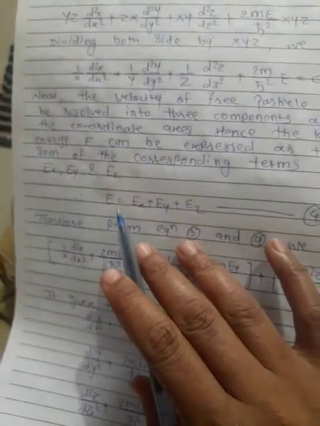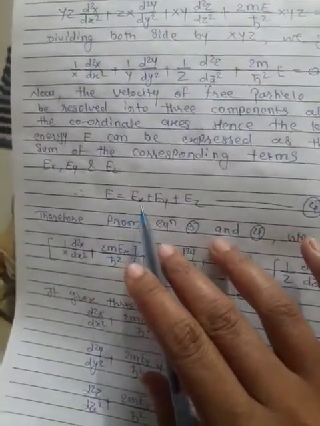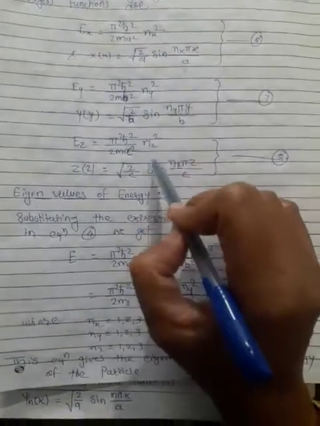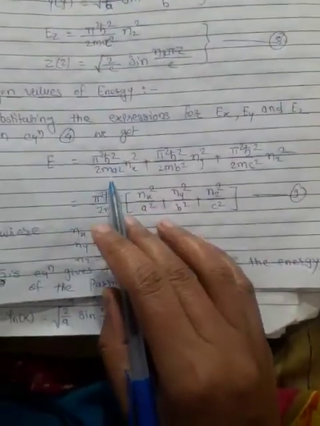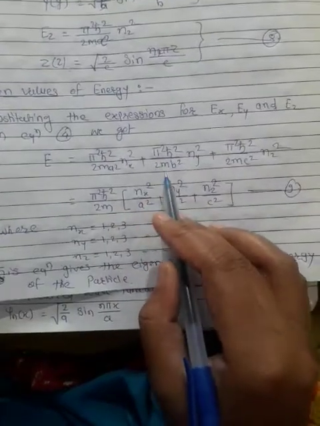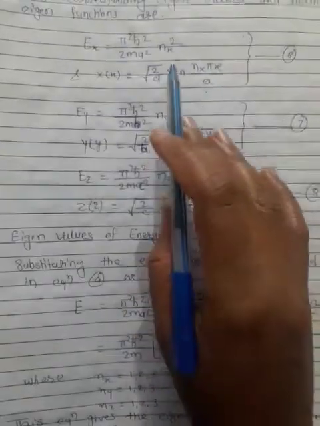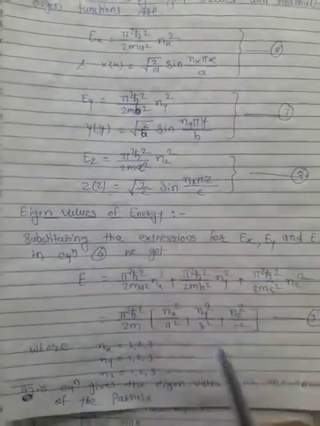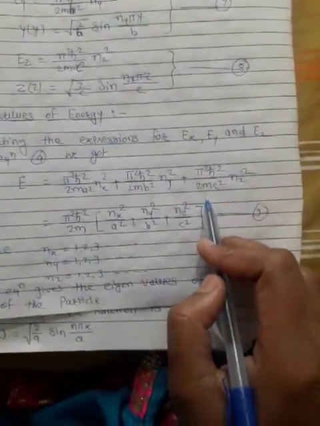In equation 4 we defined the total kinetic energy as Ex plus Ey plus Ez. Substituting into equation 4, we get π²ħ²nx²/2ma² plus π²ħ²ny²/2mb², and so on. These values of Ex, Ey and Ez we substitute here.